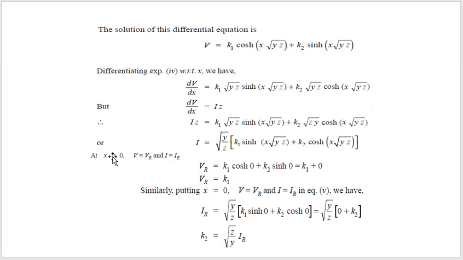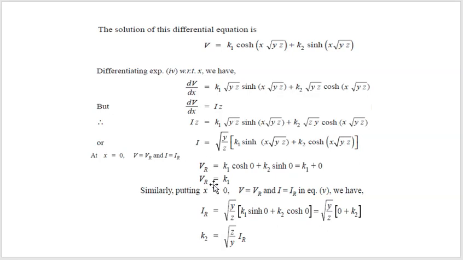Now from putting x is equal to 0, we find that Vr is equal to K1. In the same way, when we put x is equal to 0, which means V is equal to Vr and I is equal to Ir in equation 5, that means in this current equation, first we put this value in the voltage equation. Now we are putting x is equal to 0 in this current equation.